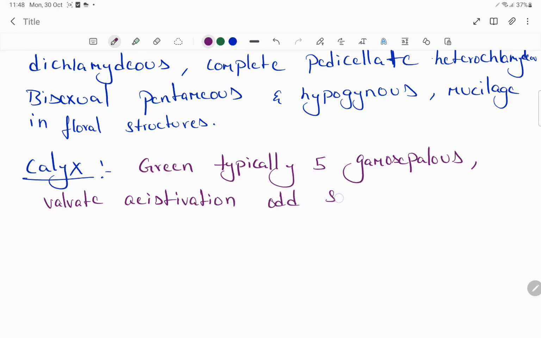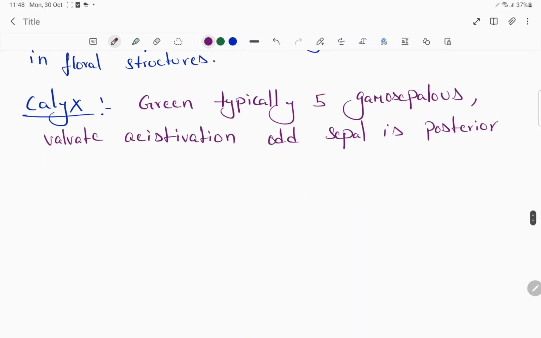Odd sepal is posterior. And next, epicalyx. This is the speciality of Malvaceae.